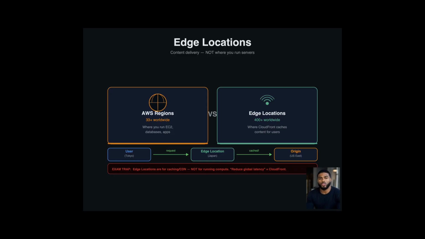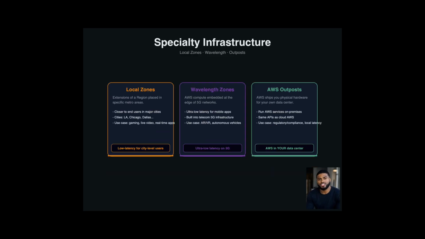Okay, 3 more things worth knowing for the exam. Local zones. These are basically extensions of a region placed in specific metro areas. Cities like LA, Chicago, Dallas. The idea is to run latency-sensitive apps, gaming, live video, real-time stuff, even closer to users. Wavelength zones.